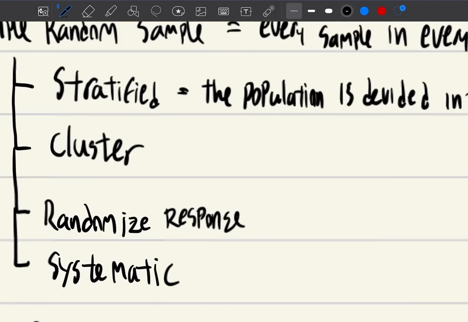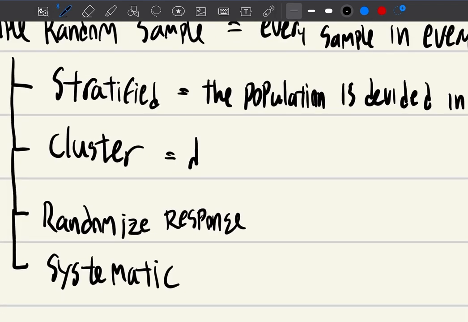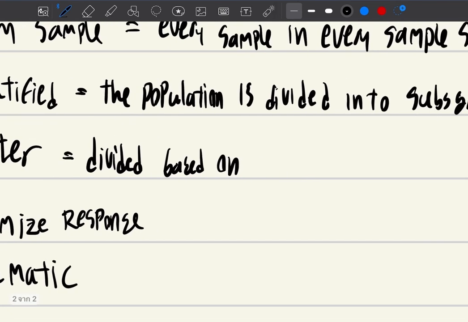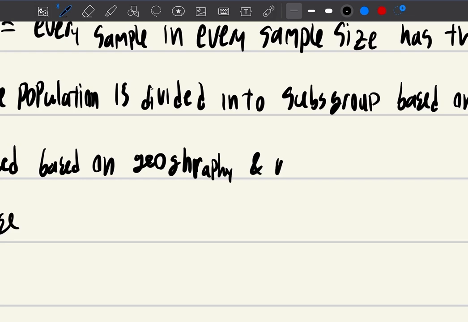And the next one is cluster. Here the population is divided based on geography or natural grouping.